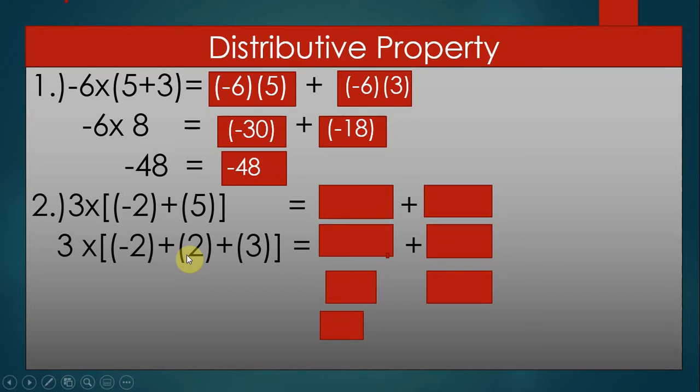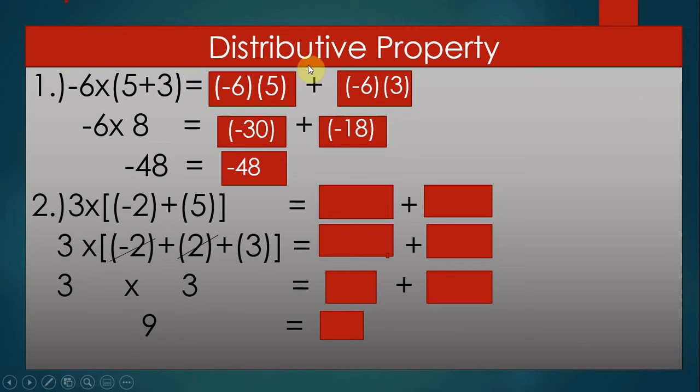So we're applying addition. Now we could cancel out negative 2 and positive 2. So the remaining in the parenthesis is positive 3. Then that is what we will multiply. 3 times 3, the answer is 9. So our answer is 9 through using PEMDAS.